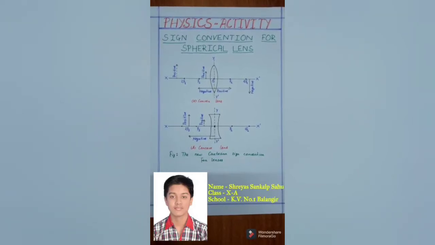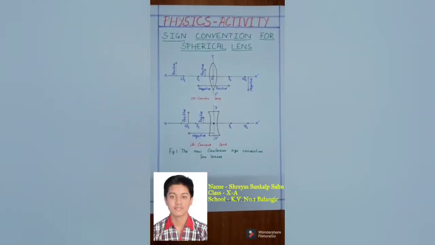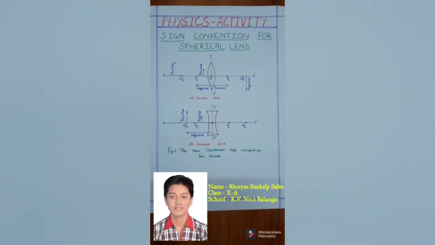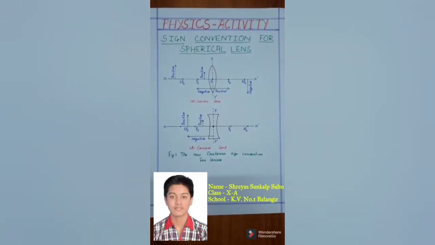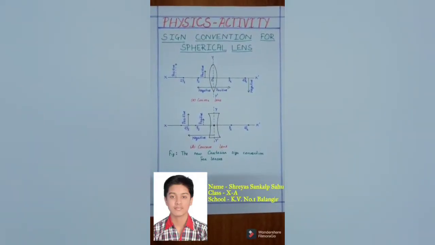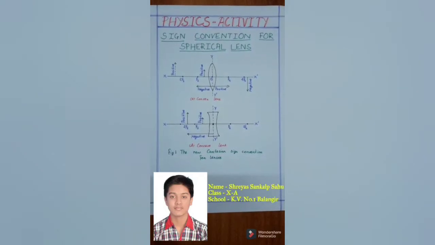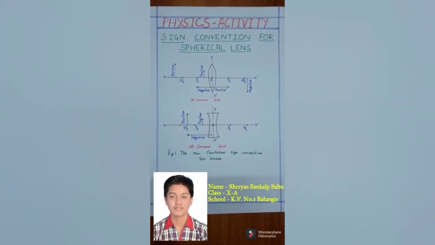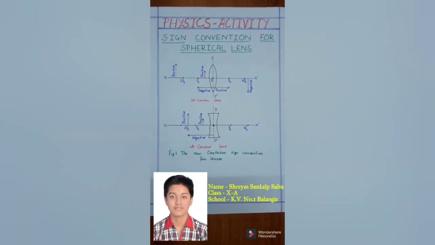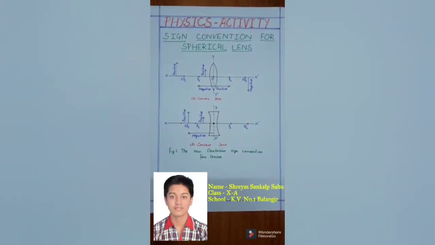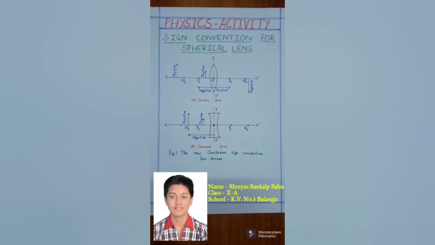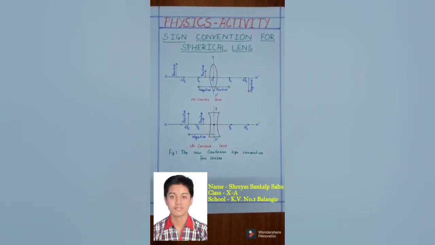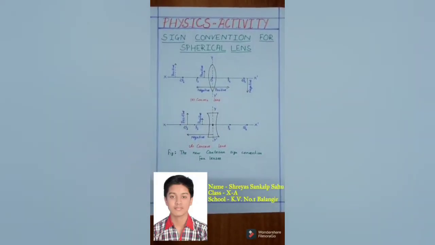The distances measured against the direction of incident light are taken as negative. The distances measured upward and perpendicular to the principal axis are taken as positive. The distances measured downward and perpendicular to the principal axis are taken as negative.